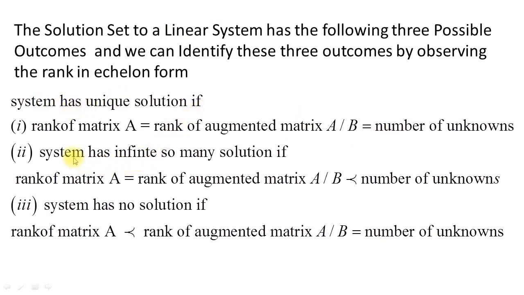And if the rank of A is equal to the rank of the augmented matrix, but the rank is less than the number of unknowns, then the system has infinitely many solutions. And if the rank of matrix A is less than the rank of the augmented matrix, then the system has no solution.